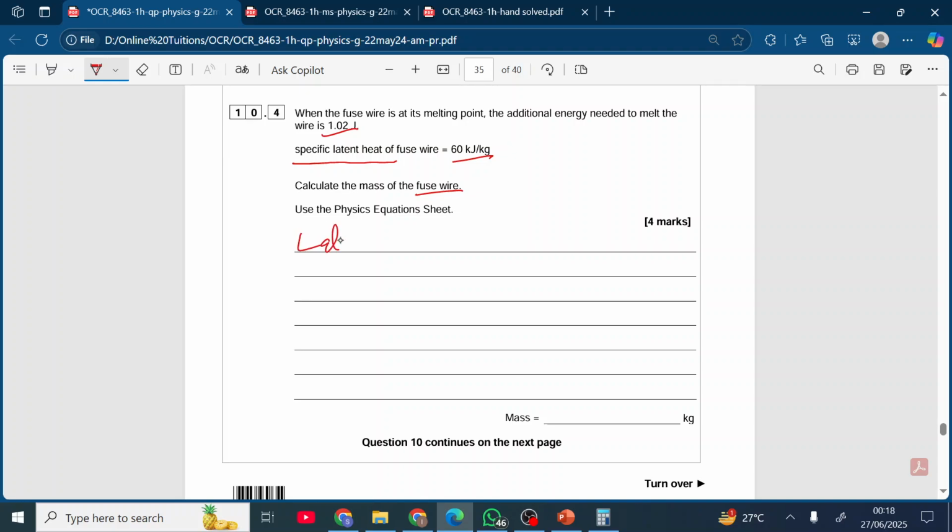So latent heat is the energy needed to change the state, solid wire into liquid wire, because it is melting.